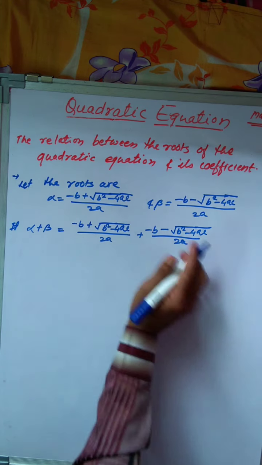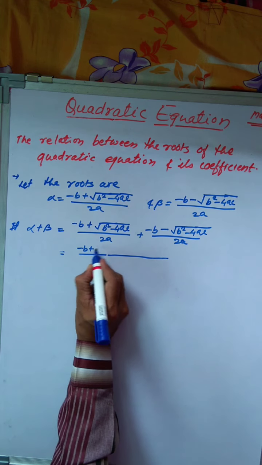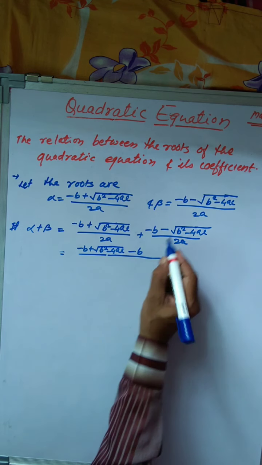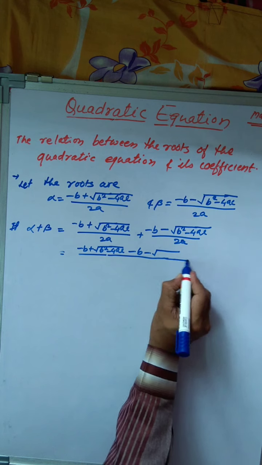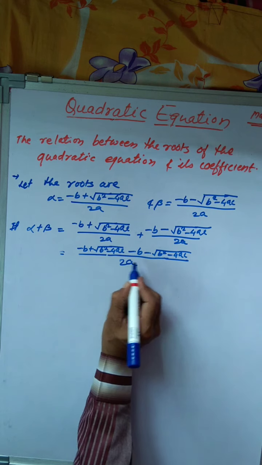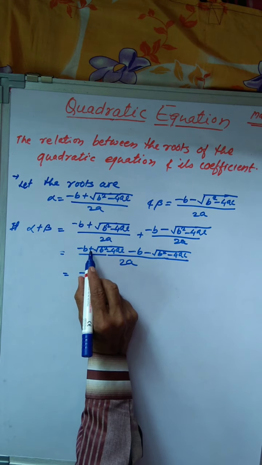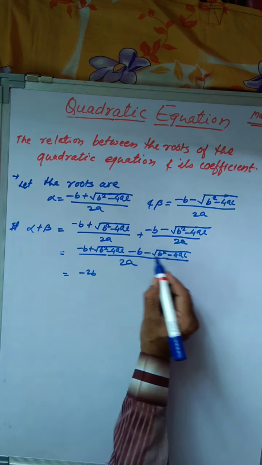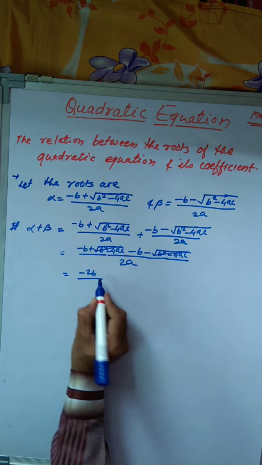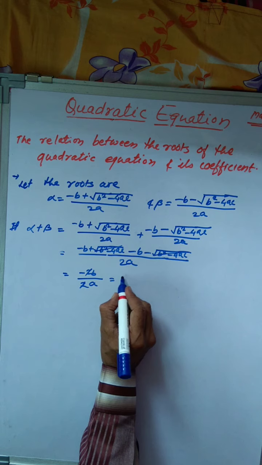The denominator is the same, so we add the numerators: -b + √(b² - 4ac) - b - √(b² - 4ac), divided by 2a. Minus b minus b gives minus 2b, and the plus and minus square root terms cancel, hence -2b upon 2a. The 2 cancels, which gives -b upon a.